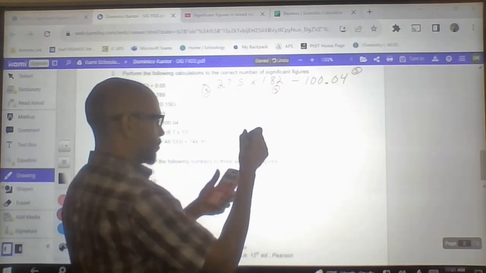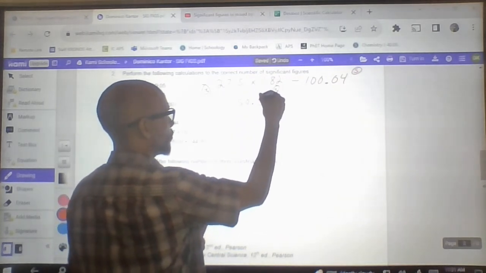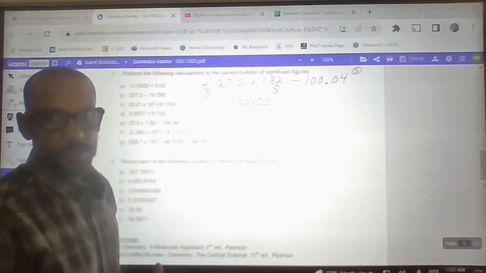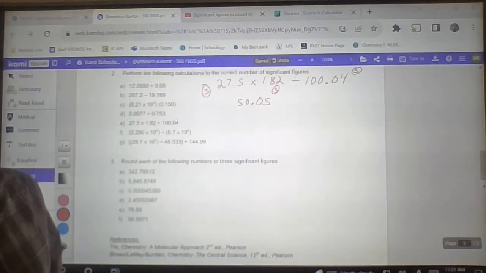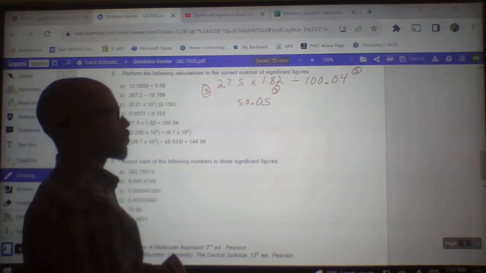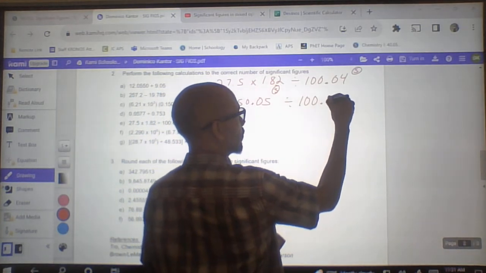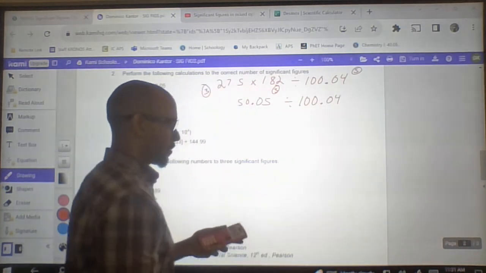We multiply these two together and I got 50.05. Can you see that? Yeah, 50.05. Now we're going to divide that, not rounding yet, by that number.